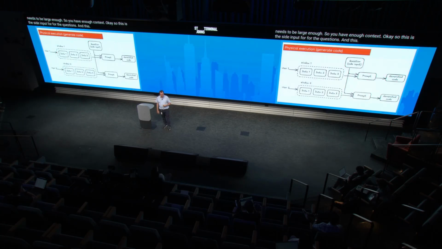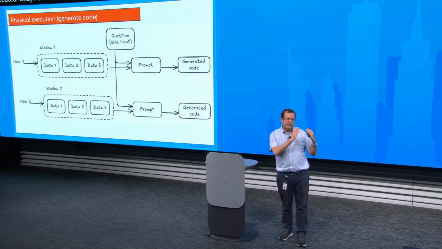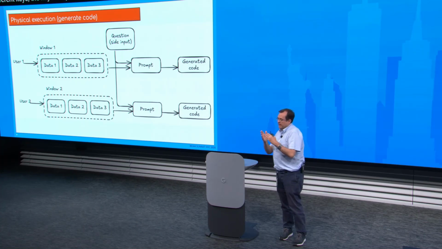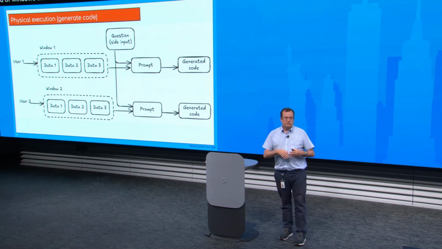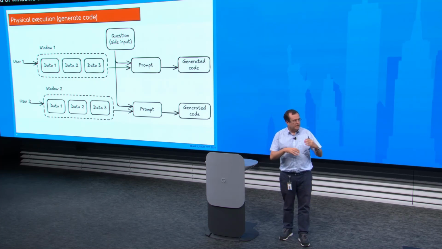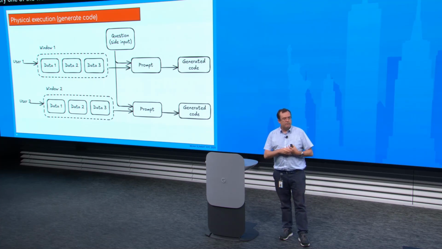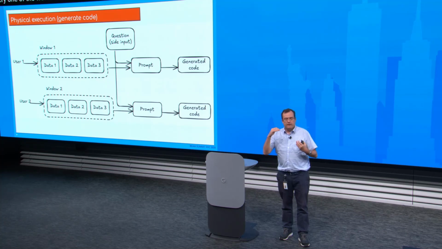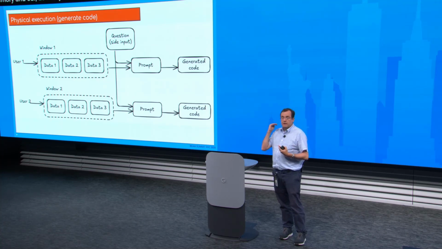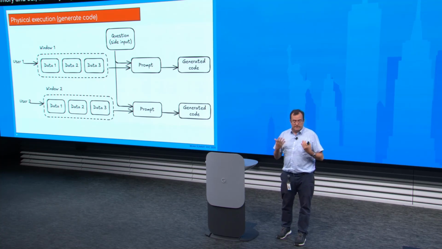And this is how it physically gets executed. Here we see that when we have different keys, the keys are processed in parallel. The instance of the window for different keys is different, but the kind of window is the same. So we group the data, and then we ingest in every one of the workers the same question, the same side input in memory, and there are as many copies as workers we have in parallel, and then this generates the code.